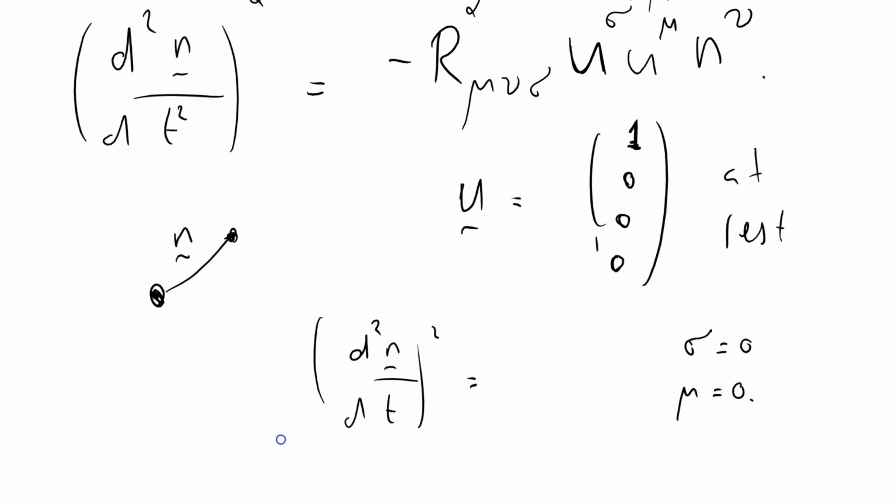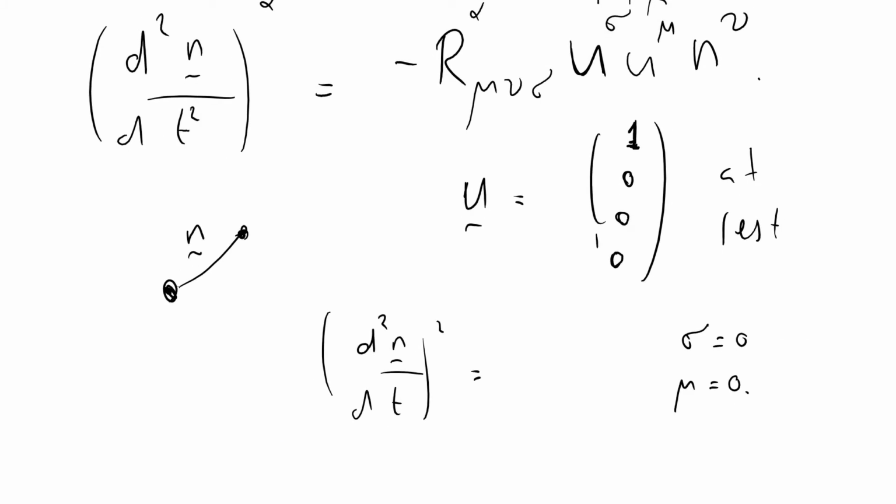That's a huge simplification. It means I can ignore the summation. So it's minus R alpha 0, nu is still free because that's attached to the n, 0, that's just a 1, that's just a 1, n nu.